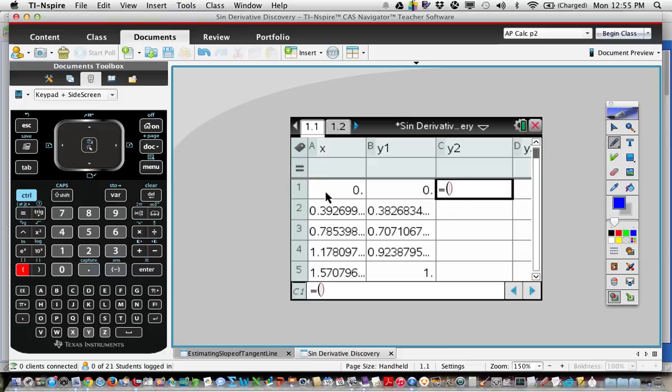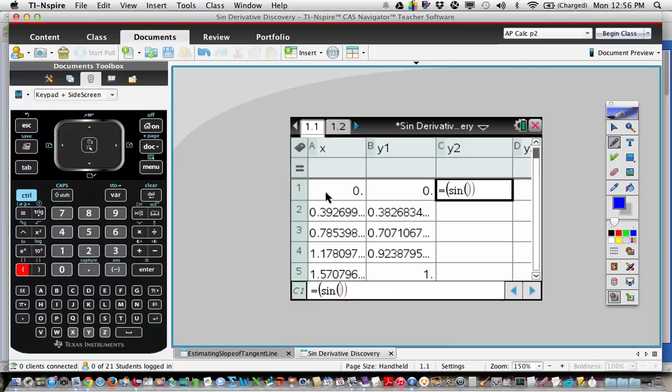I want to do the sine at 0. But in the next column, I want to do the sine of this value plus 0.001. But in a spreadsheet, what cell is this? A1. There we go, A1.